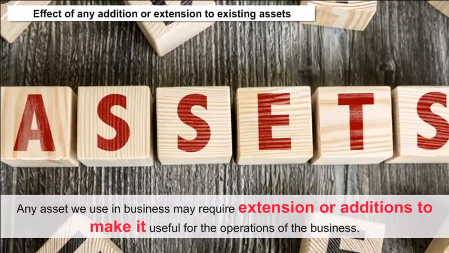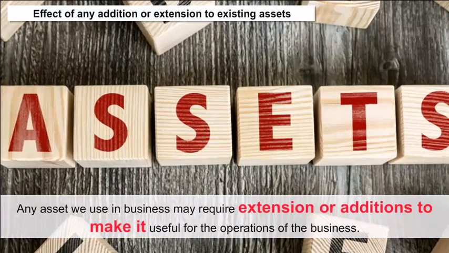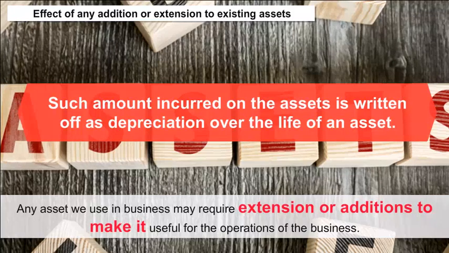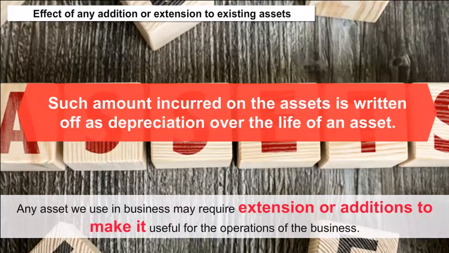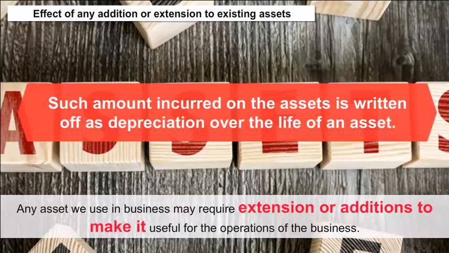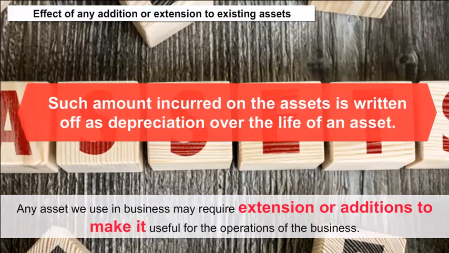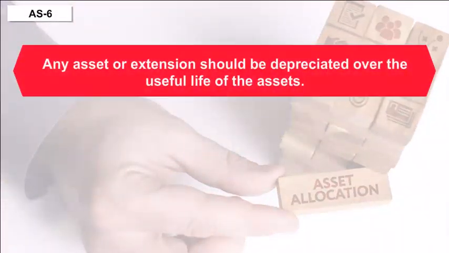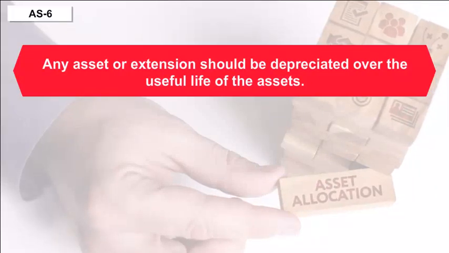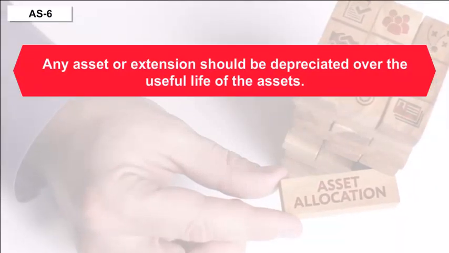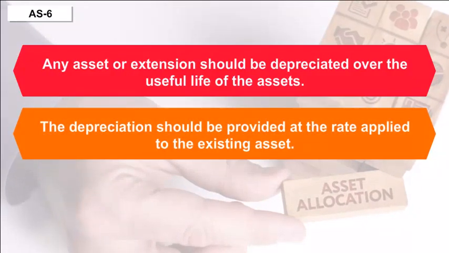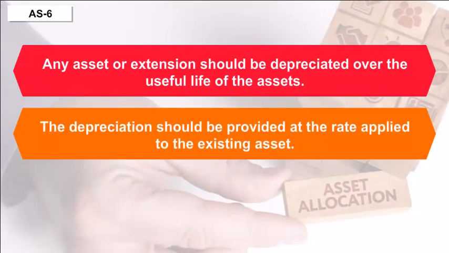AS6 mentions that any asset or extension should be depreciated over the useful life of the assets. The depreciation should be provided at the rate applied to the existing asset, where the addition or extension of the assets is treated as a separate entity and can be used even after the disposing of the assets.